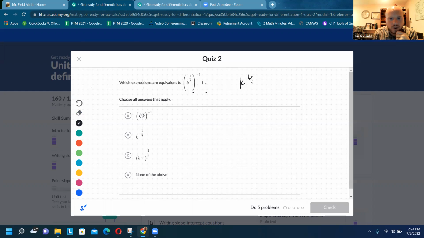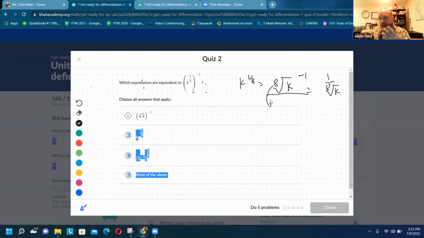K to the 1/8 is actually the 8th root of k. And then negative exponent means, we could talk about it like that, or we could talk about 1 over the 8th root of k, because a negative exponent means you can take that term and put it on the other side of the fraction, the denominator in this case, to make it a positive exponent.